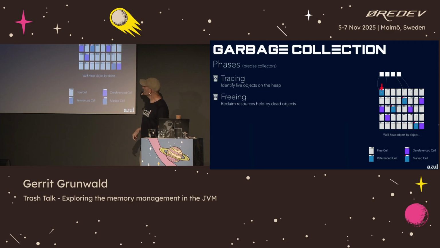Now we would like to free the heap from the stuff that is not reachable. And you might already get the idea this is not so easy because we don't have references to follow. How can we find the dead ones? Well, the simplest approach is going through every memory cell and check if it's live or not. And this is exactly what happens, right? So that takes some time to go through the whole heap and check for all dead cells and remove them.